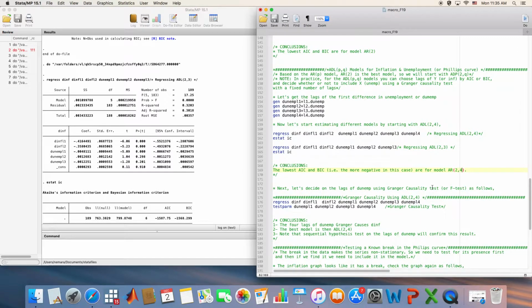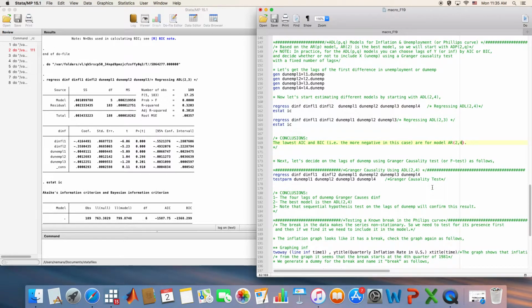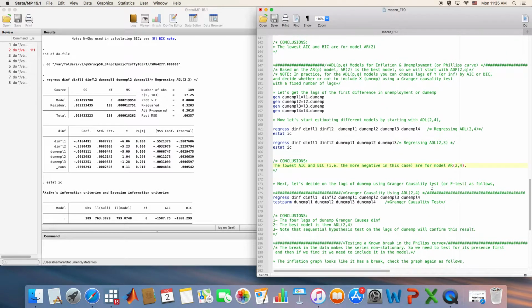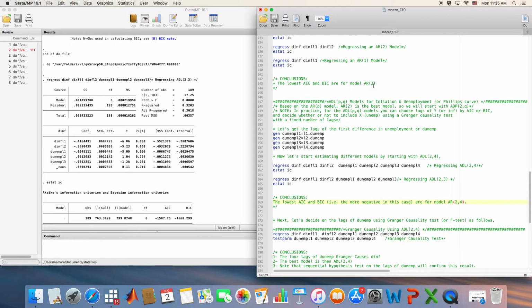So I just changed, I'm sorry, I hope I'm not confusing you, but here what I did is, since I already got from here that AR2 is the best, I'm going to use this information to build my ADL(P,Q) starting from 2Q.